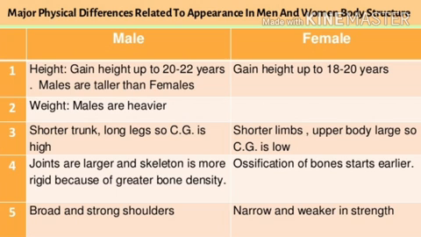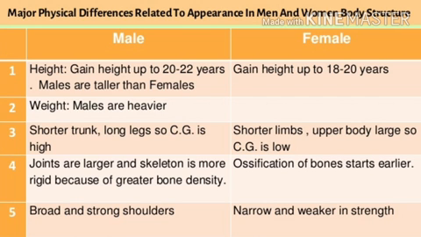Next is weight. Males are heavier; females are not heavier in comparison to males. Next, males have a shorter trunk and long legs, so the center of gravity is high. In females, limbs are shorter and the upper body is large, so the center of gravity is low.